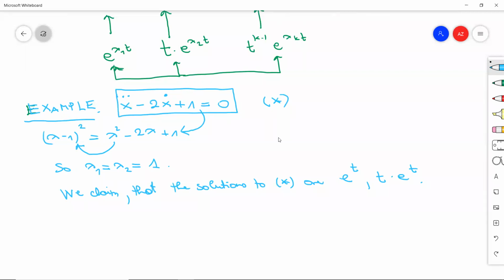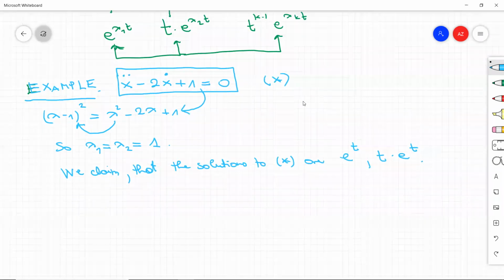Okay, how would you check that this is indeed true? How can we check in this specific example that those two are really solutions to the differential equation? Yes, we just insert those two into star and see that it is satisfied.